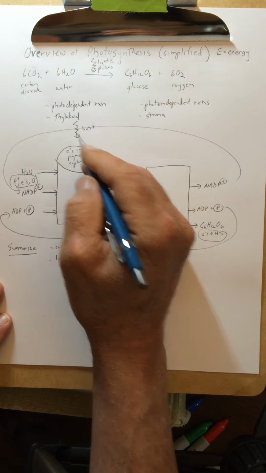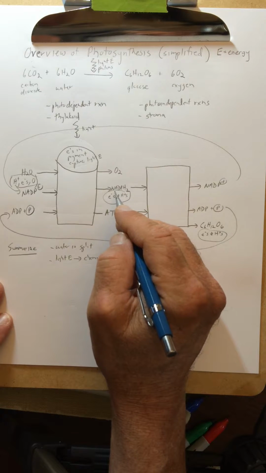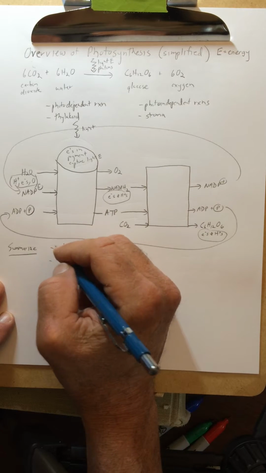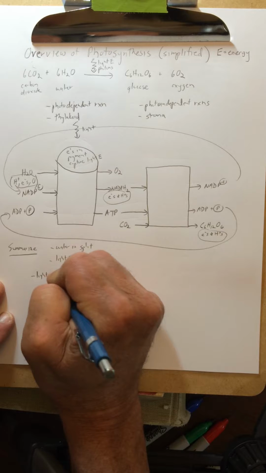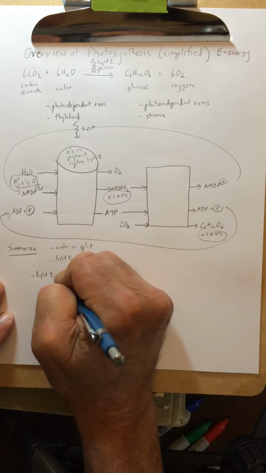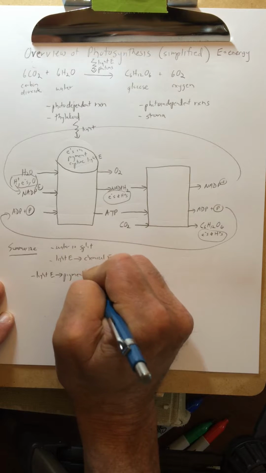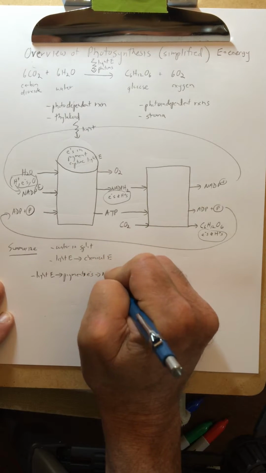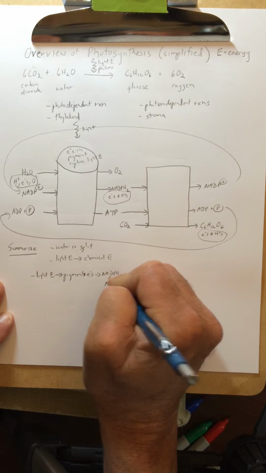So the light energy that started here is being converted, or is carried in as part of the electrons in this NADPH2. And ultimately, we've got light energy going to the pigment electrons, and then to the NADPH2 and ATP.